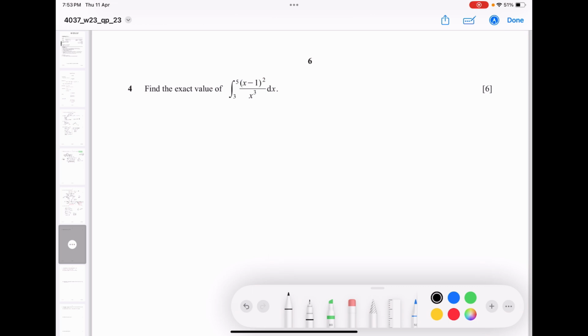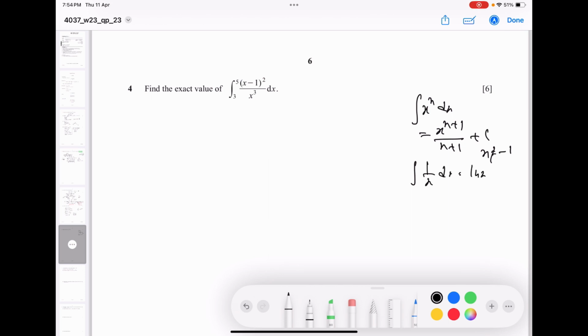We know the integration of x to the power n dx equals x to the power n plus 1 divided by n plus 1 plus c, and n must not be minus 1, and the integration of 1 by x dx equals ln x.